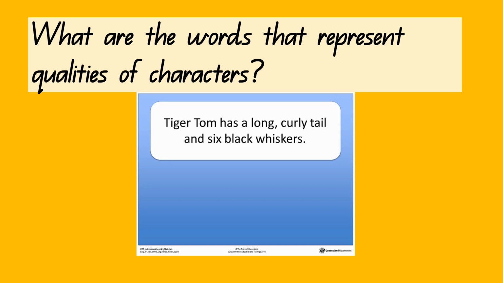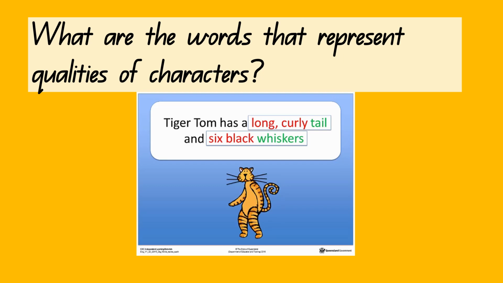Can you see the words that describe his body parts? That's right, long curly tail and 6 black whiskers. So now we know exactly how to draw Tiger Tom. He doesn't have any old tail. The words long curly tail tell us what his tail is like. We also know exactly how to draw Tiger Tom's whiskers.